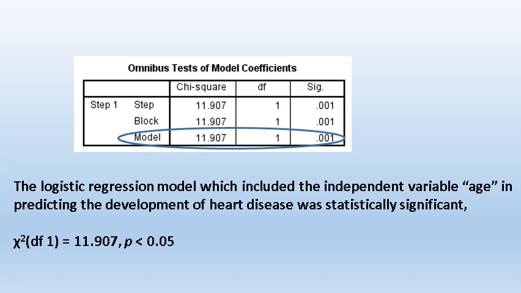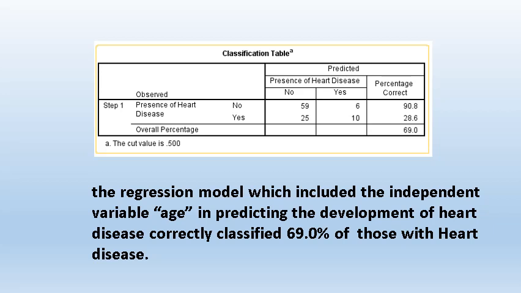Here it is less than 0.05, so the model is fit. The model is good. The chi-square value is 11.907, degree of freedom is 1, and the significance value for the model is less than 0.05.